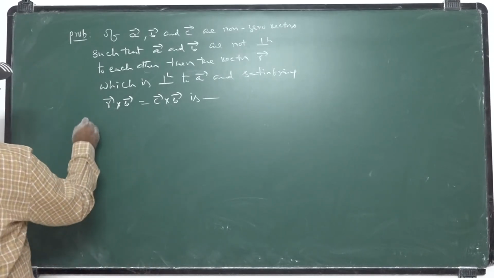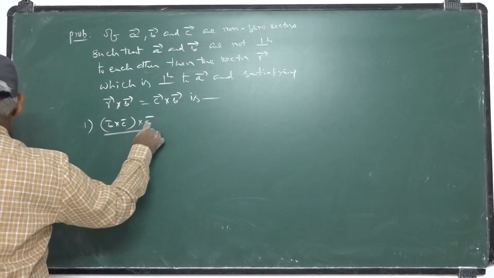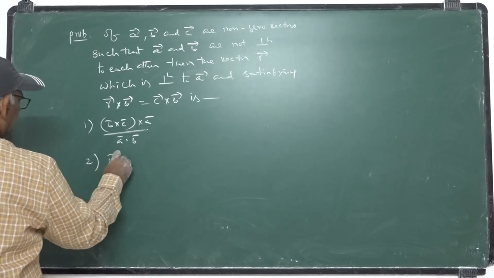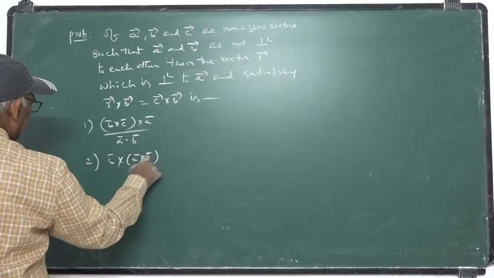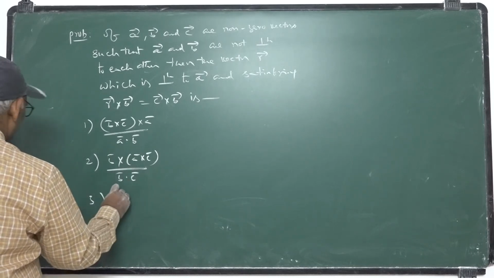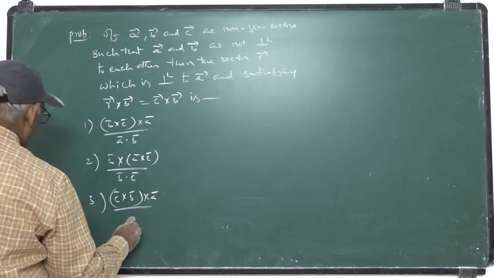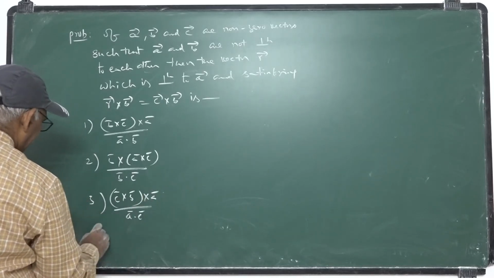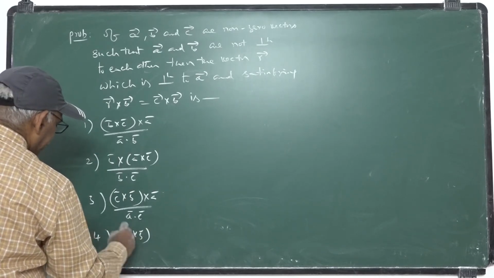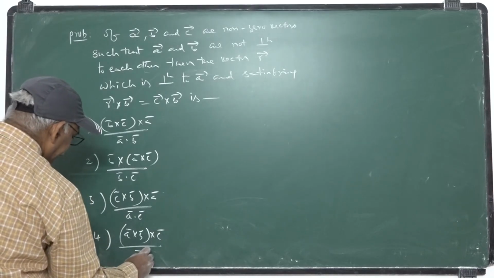Here the options are given as: first, B cross C cross A bar by A dot B. The second one is B cross A bar cross C bar by B dot C. The third option is C bar cross B bar cross A bar by A dot C. The fourth one is A bar cross B bar cross C bar by C dot A.